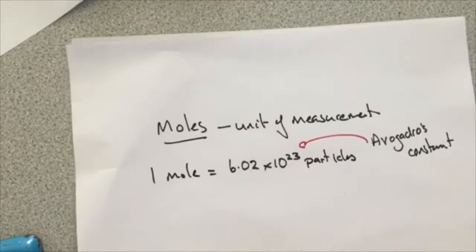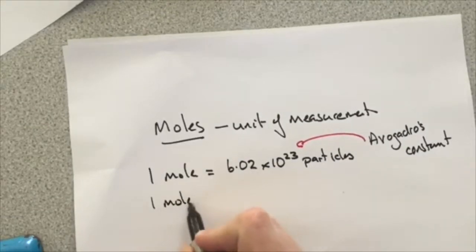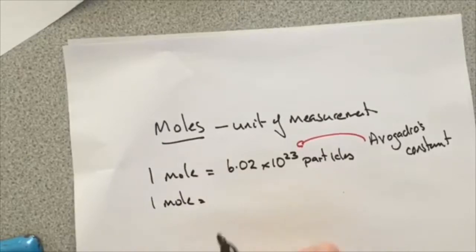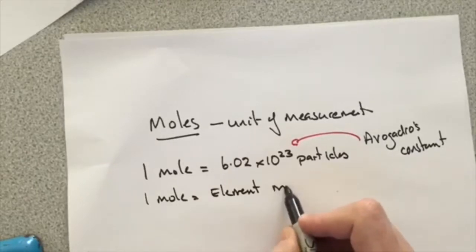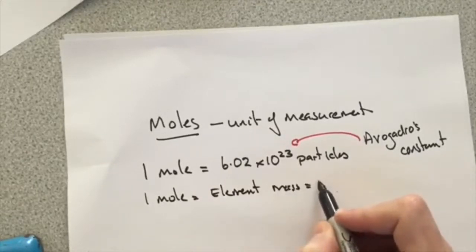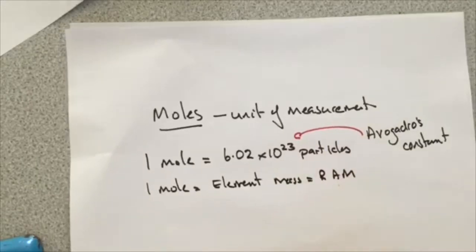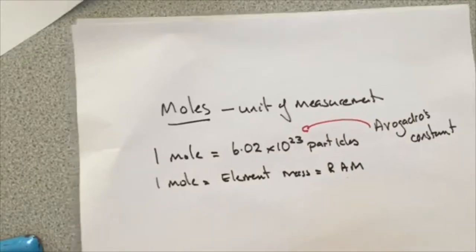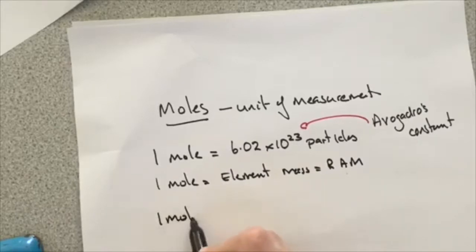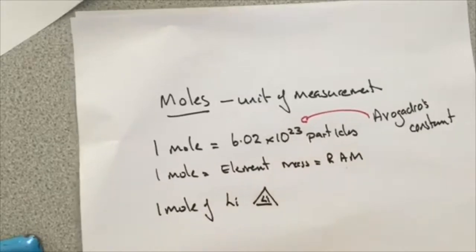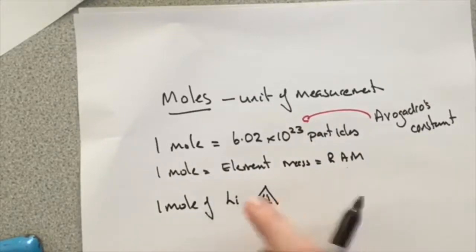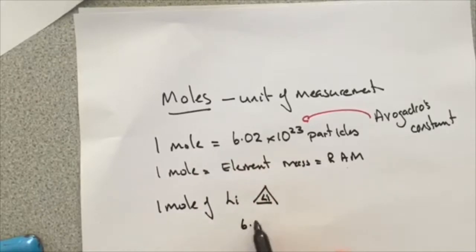In terms of mass, how heavy is a mole? Well, if we're talking about an element in the periodic table, we say its mass is equal to the relative atomic mass for that element. For example, if we had 1 mole of lithium, here's my pile of lithium, I know that because it's 1 mole, it's going to contain 6.02 times 10 to the 23 particles.